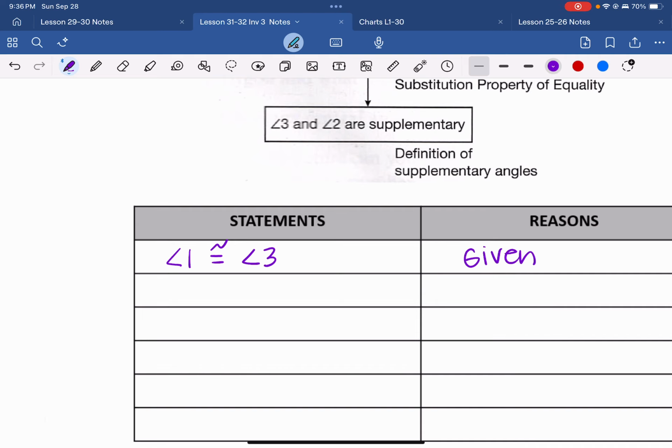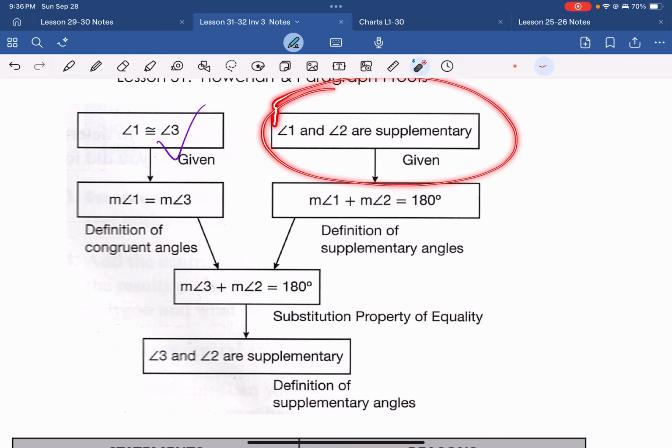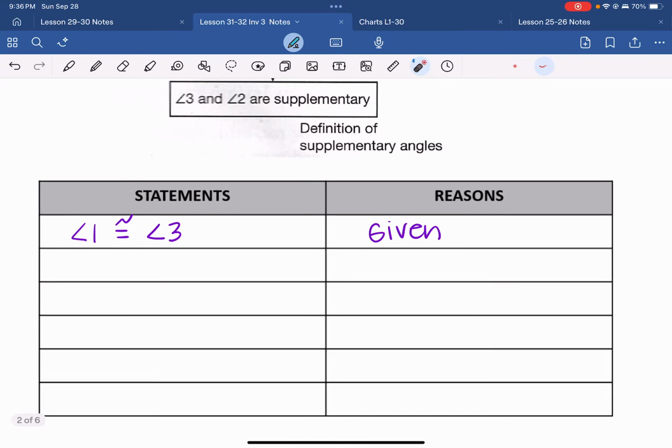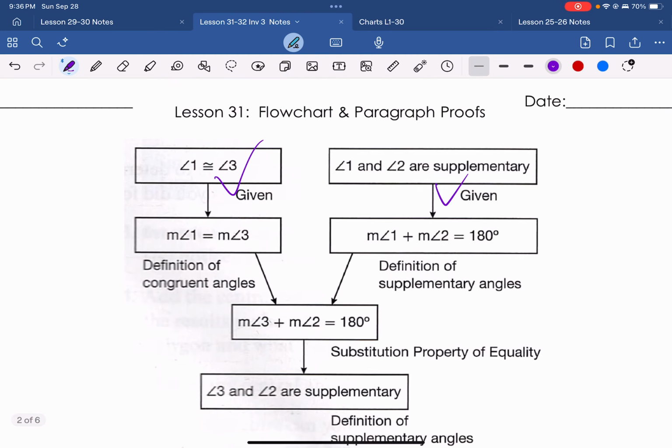And then, so we took care of this one right here. Now we're on to this one. We're going to say angle 1 and angle 2, and I'm going to abbreviate, are supplementary, and once again given. So we took care of that one.